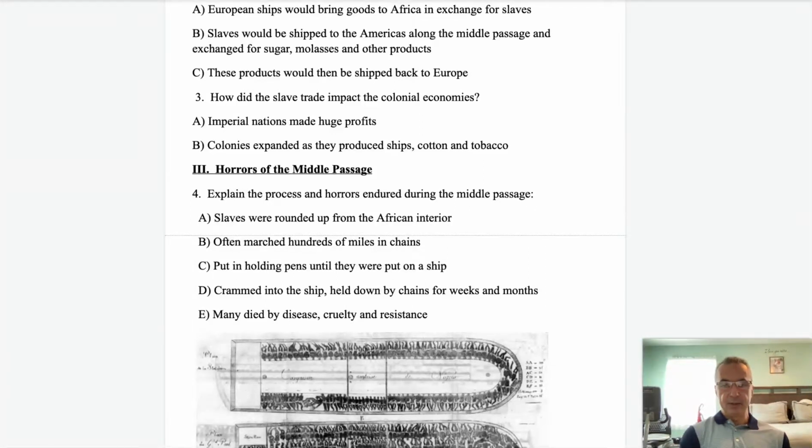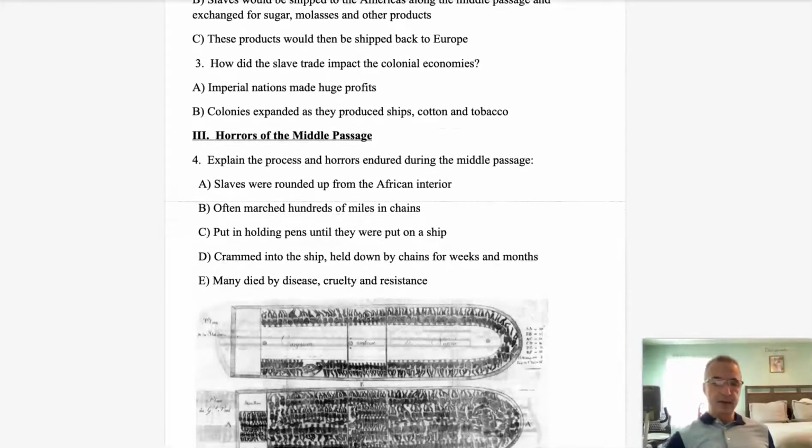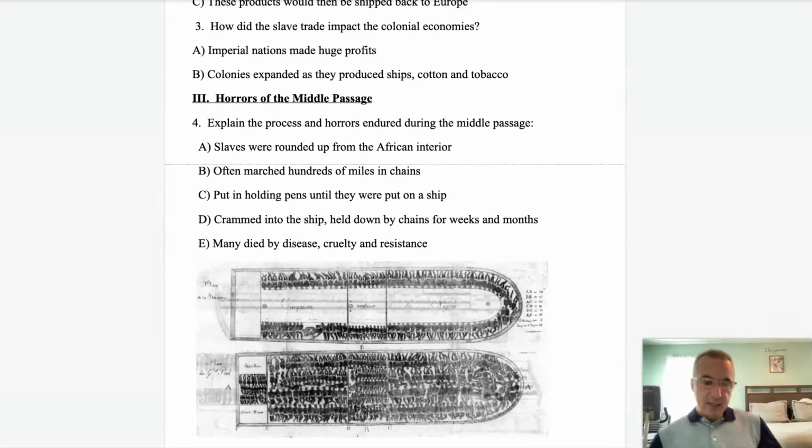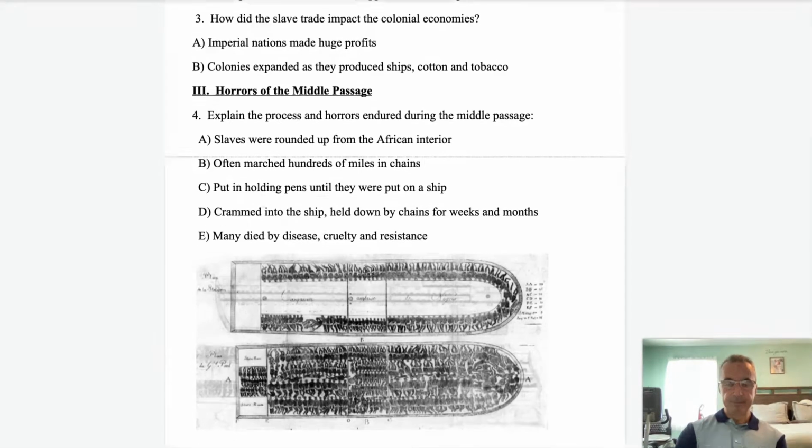On the ship, they were crammed in, held down by chains for weeks and months on end. Many died along the Middle Passage of disease, cruelty, and resistance. If you look at the image here, it shows how crowded it was for the slaves on board the ship during the Middle Passage, basically sleeping on top of each other. And of course, you have filth, feces, and disease spreading rapidly amongst these malnourished people.